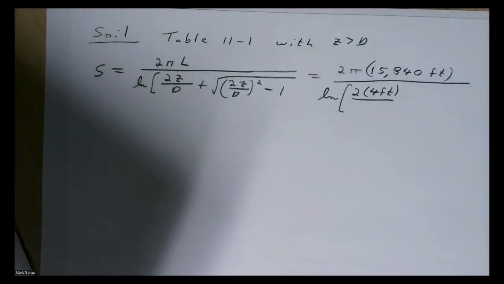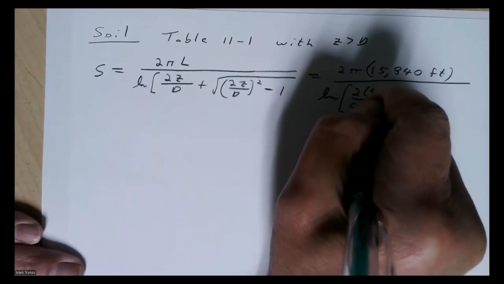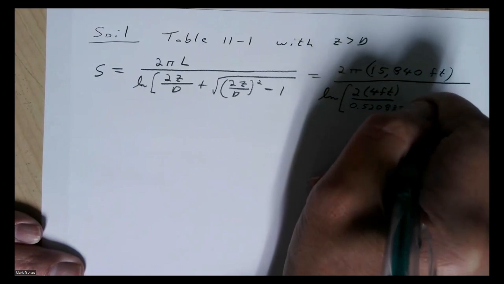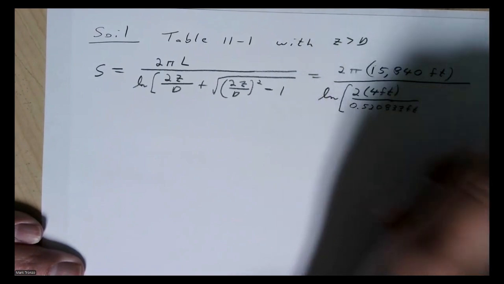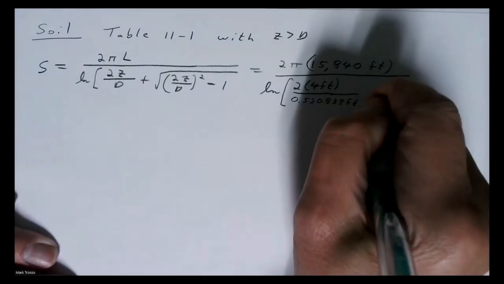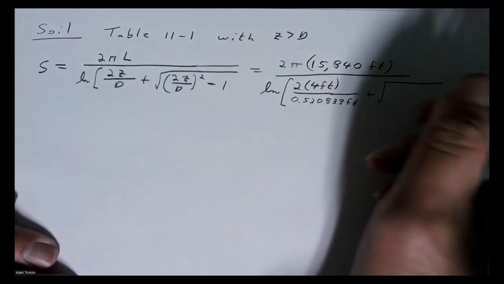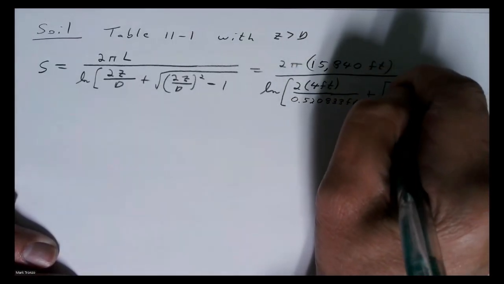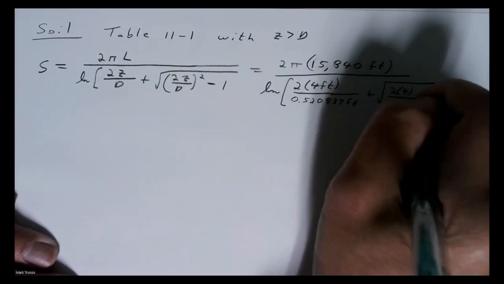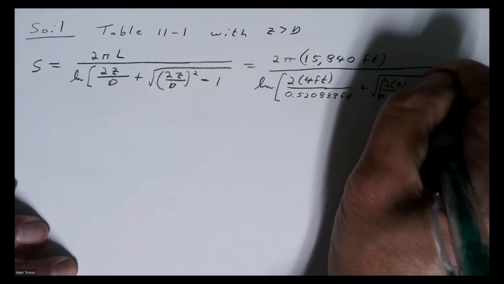That's going to be 0.520833. Then we have the same quantity inside here, and the feet are going to cancel, so this is 2 times 4, and this whole thing is squared.